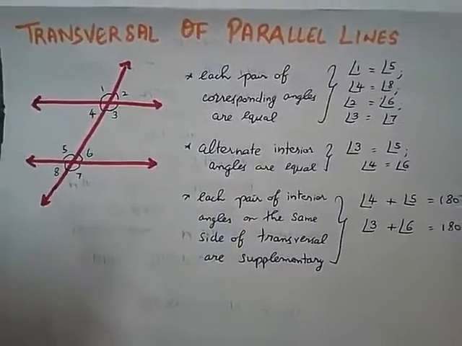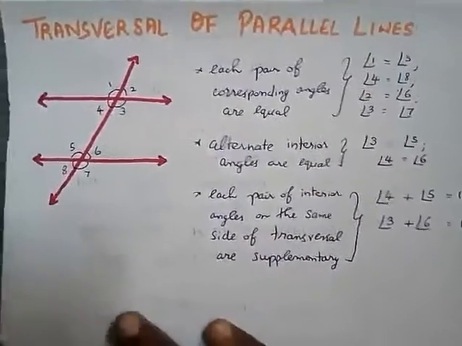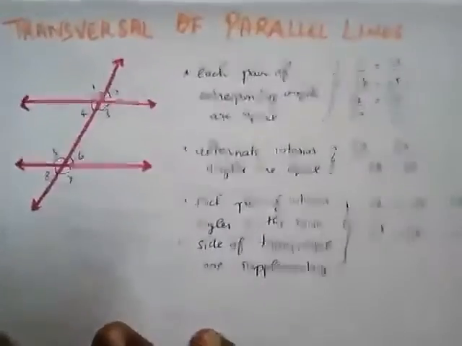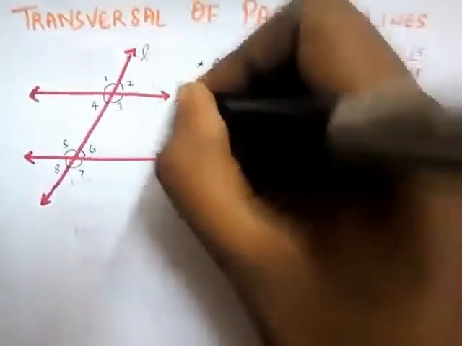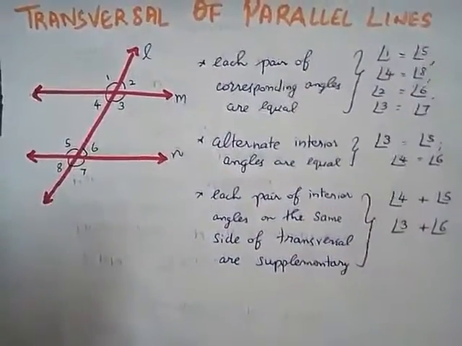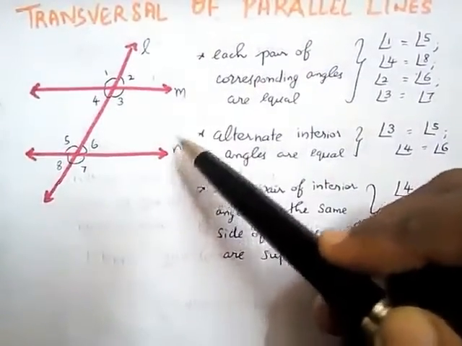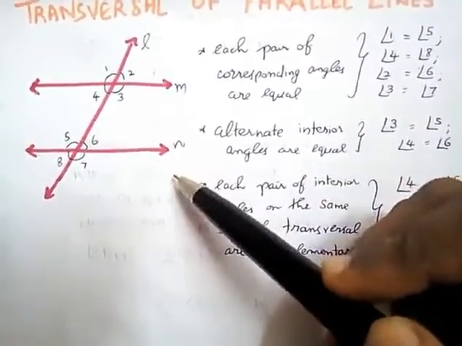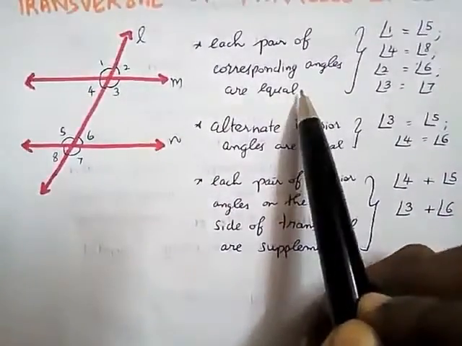The next is about transversals of parallel lines and the properties included in this section. Say we name the lines L, M and N; we can see that L is the transversal on parallel lines M and N. If these two lines are parallel, each pair of corresponding angles is equal.